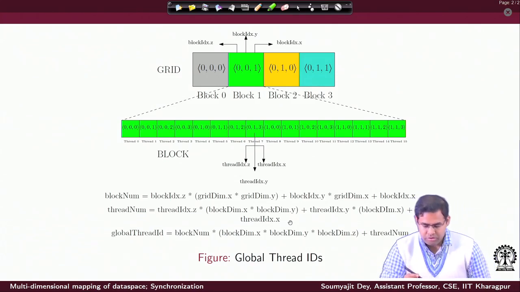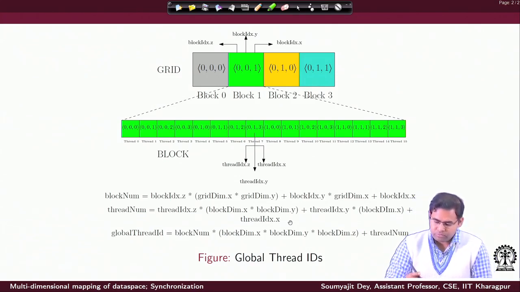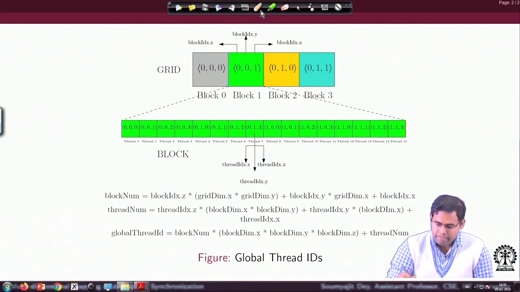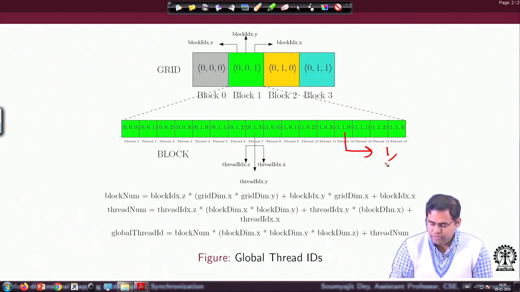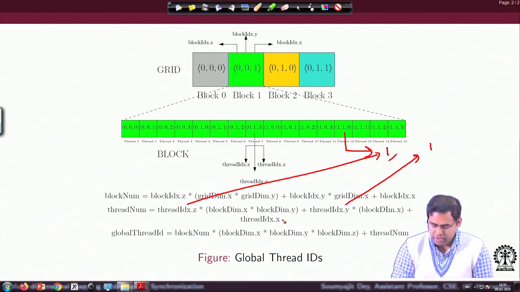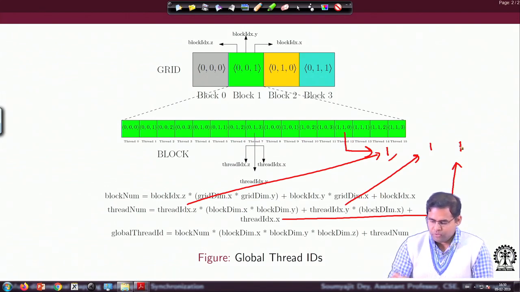So, for example, if we consider this thread, the thread ID z value is 1, and your thread ID y value is again 1, and your thread ID x value is 0, sorry.